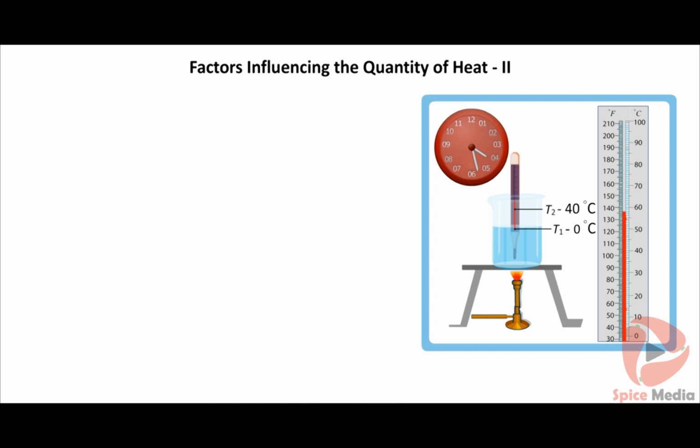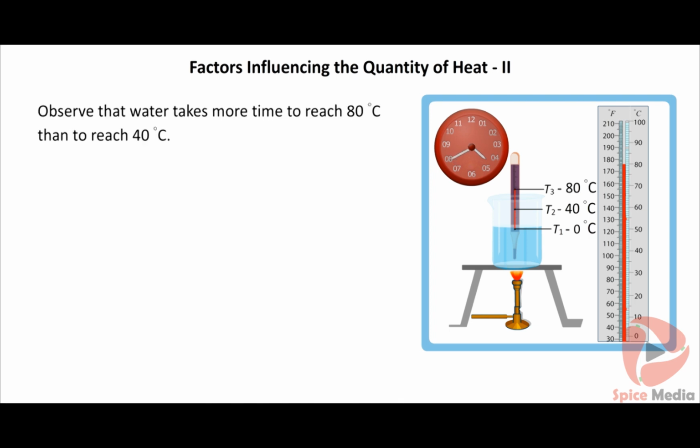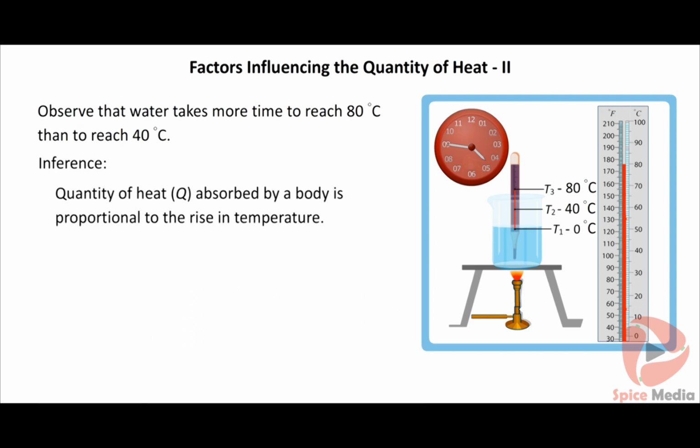Note the time taken for the water to rise from temperature T1 to 80 degrees Celsius. Water takes more time to reach 80 degrees Celsius than to reach 40 degrees Celsius. This proves that quantity of heat Q absorbed by a body is proportional to the rise in temperature delta T, that is, Q directly proportional to delta T.